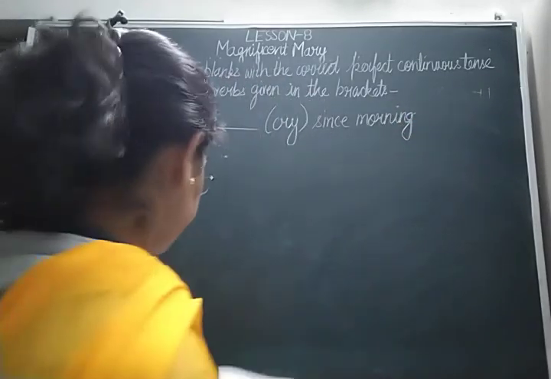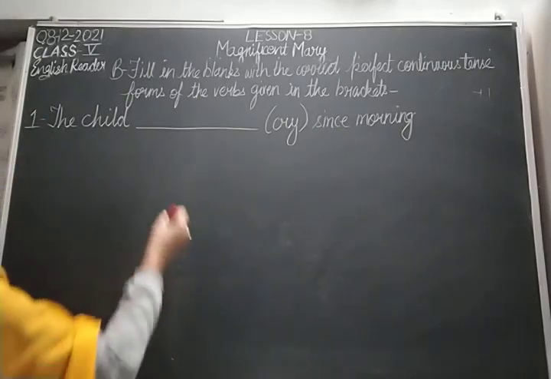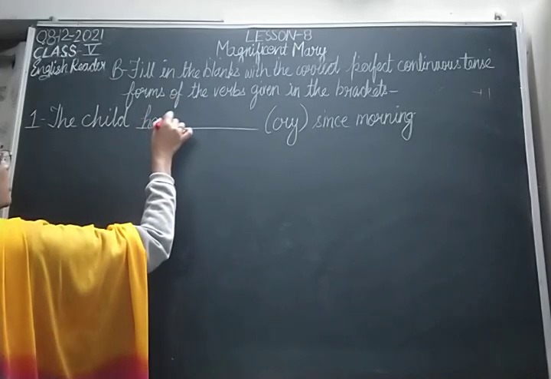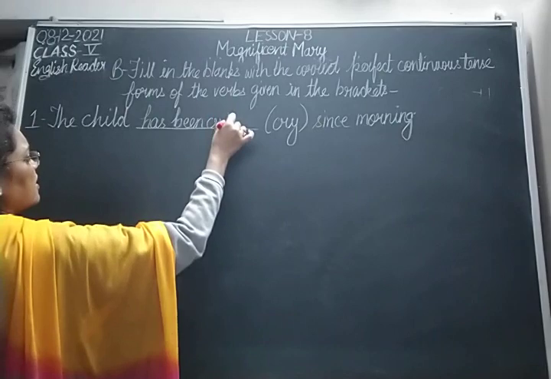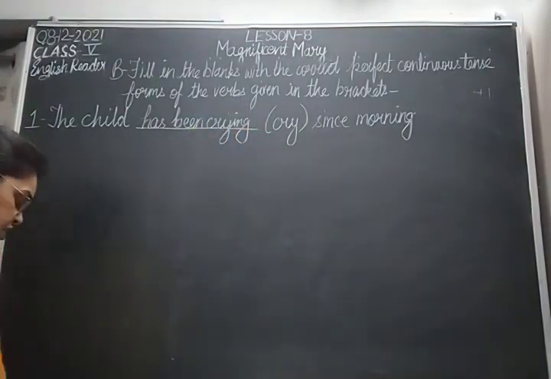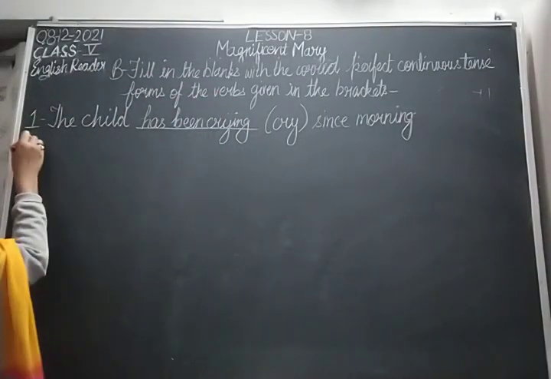The child dash since morning. Since denotes time, and we will write the present perfect continuous tense, that is, the child has been crying since morning. Clear? Now the second one.